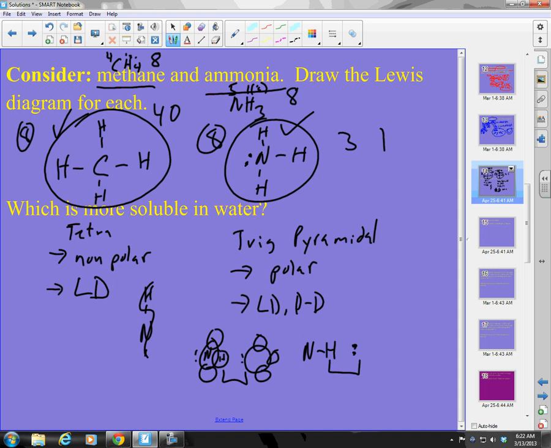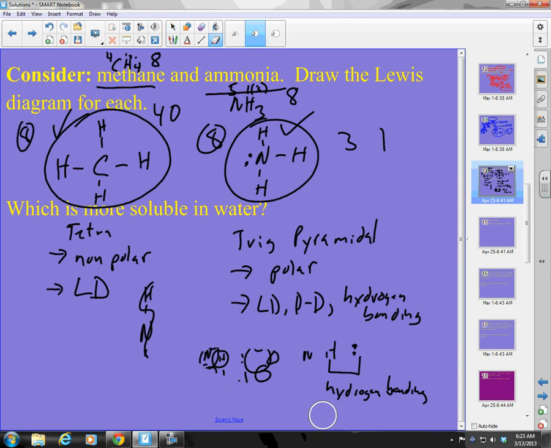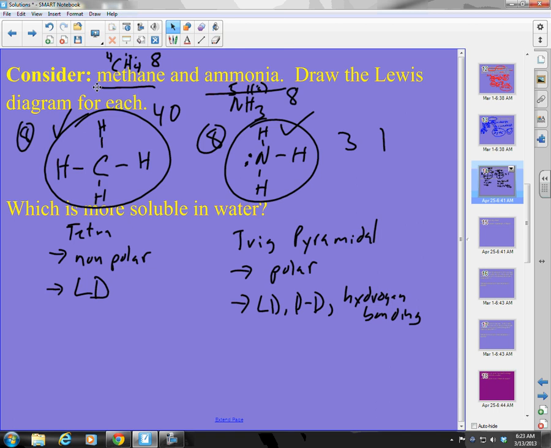And what do we get between that hydrogen and that unshared pair? That is what we call hydrogen bonding. Cool. So I have London dispersion, dipole, and hydrogen bonding. Cool. And if you don't remember that, go back and take a look at our discussion on intermolecular forces. Perfect. So that's kind of the background.